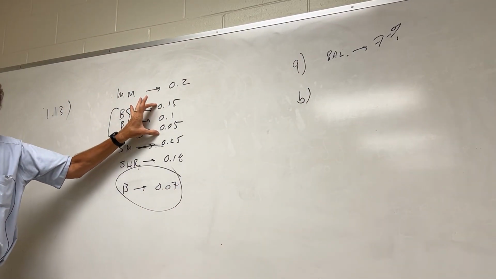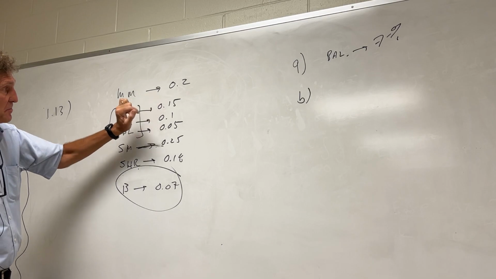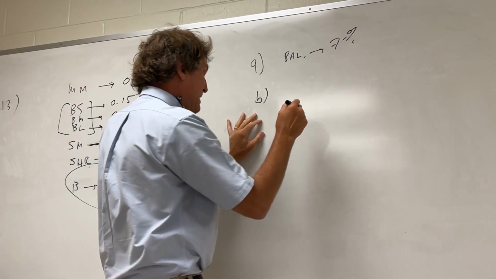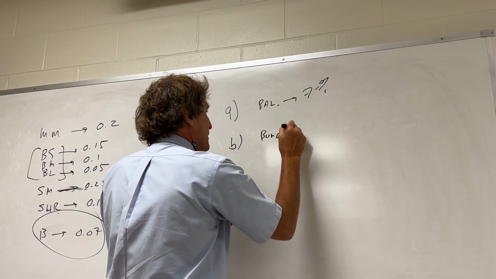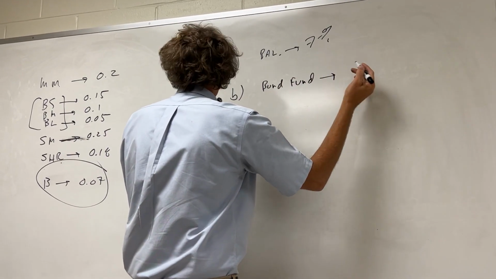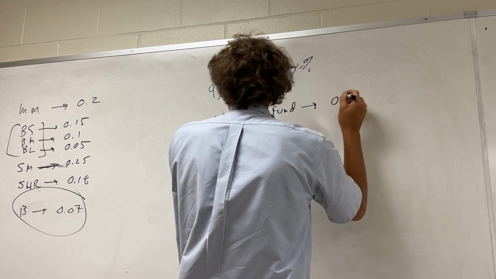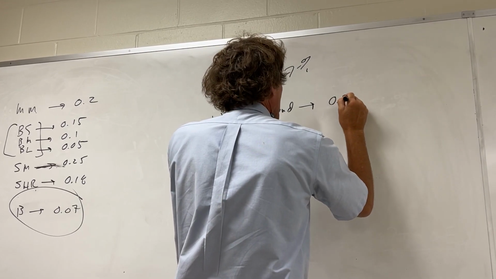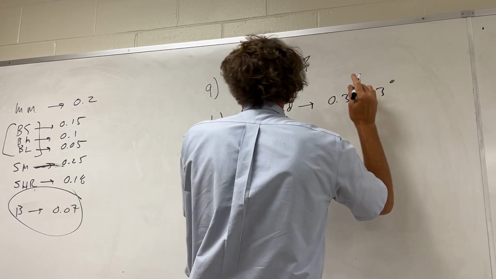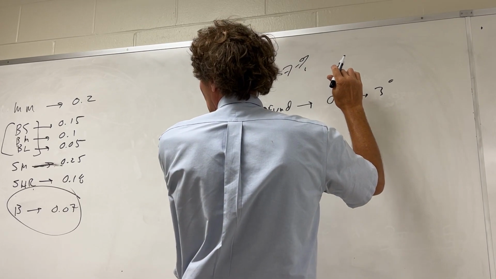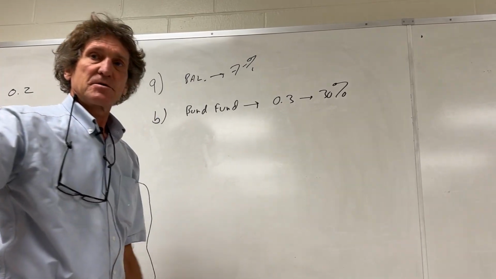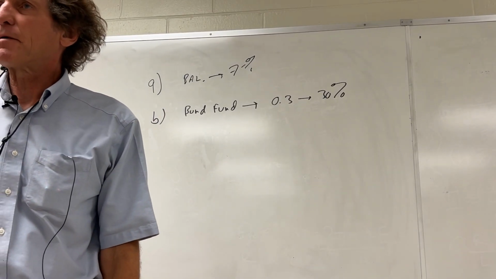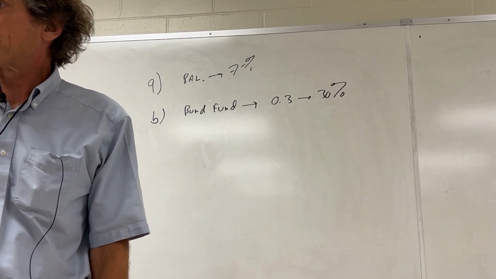Just add those up: 0.15, 0.1, and 0.05. It should be 0.3, no, sorry, 30%. Do you have the answers in the back of the book? Is that right? Okay, what's next?